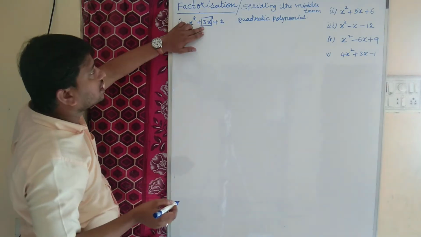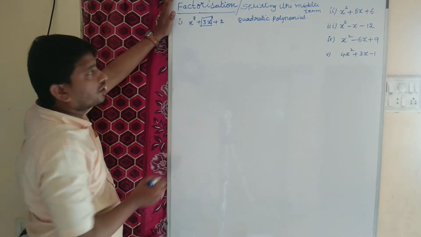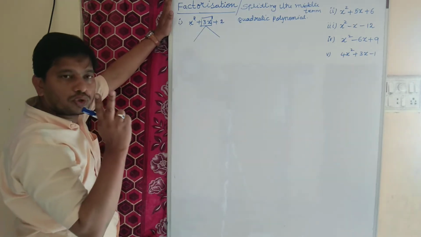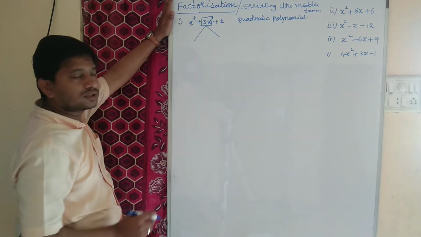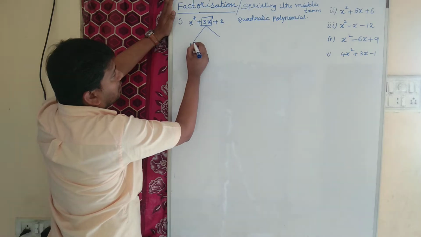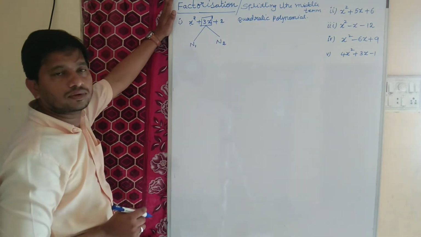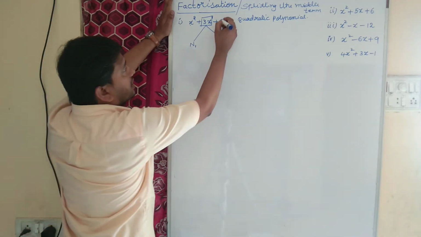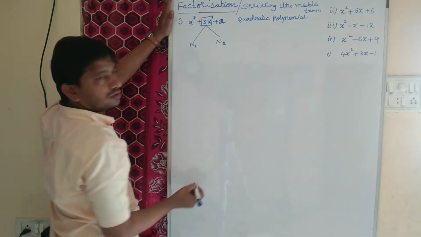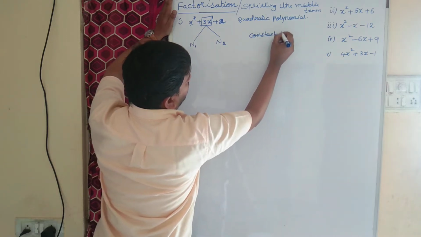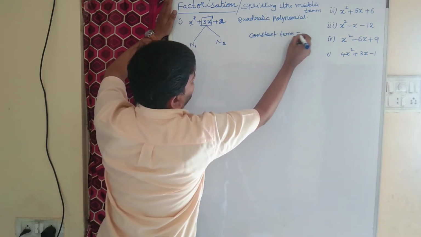As the middle term is 3x, we have to split this middle term into two numbers. Call them number 1 and number 2. And the constant term here is 2.